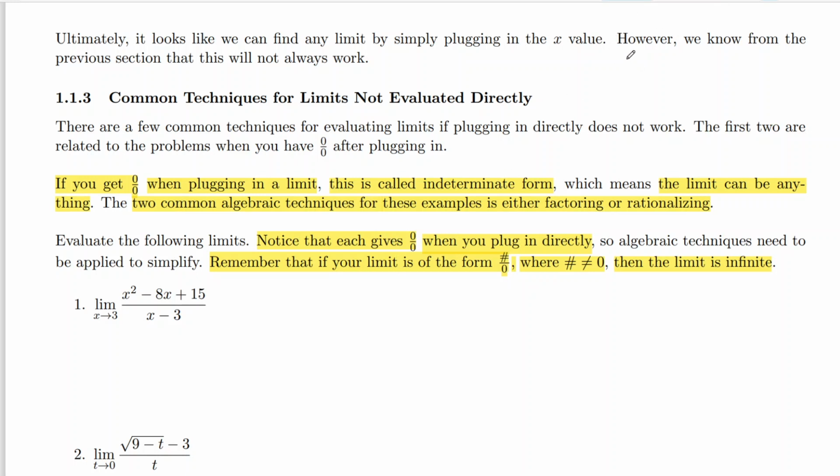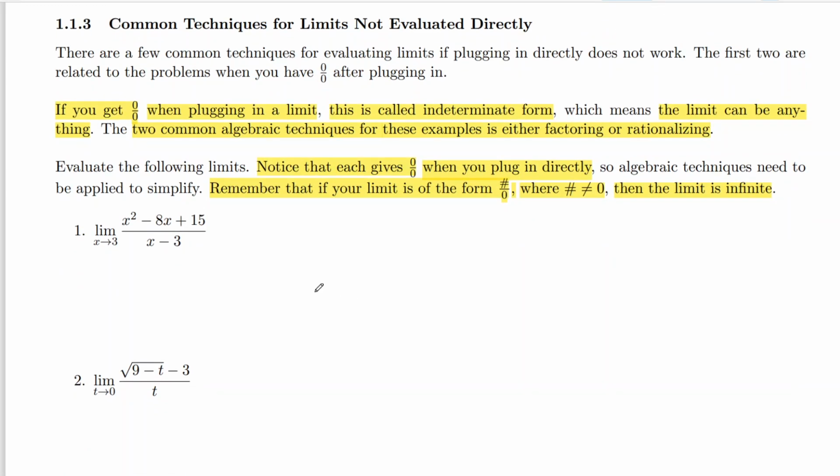So let's go ahead and work this first one. We want to do the limit as x goes to 3 of x squared minus 8x plus 15 over x minus 3. Now, if it wasn't in the section, you would do your default, plug in, unless you already know what's going to happen, or you can eyeball it. We want to plug in x equals 3.